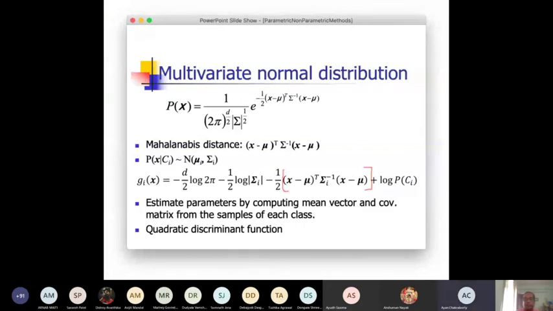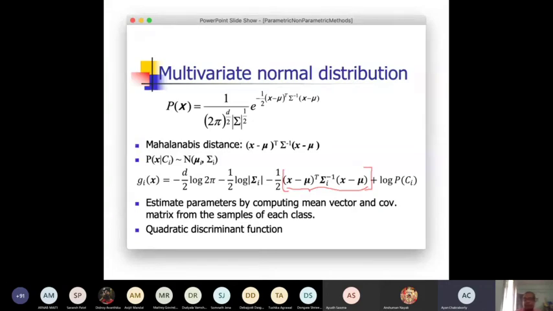Which term, would you repeat once again? So I'm just indicating it with this color. Can you see that? X minus mu transpose sigma i inverse x minus mu. It's not on my screen actually.